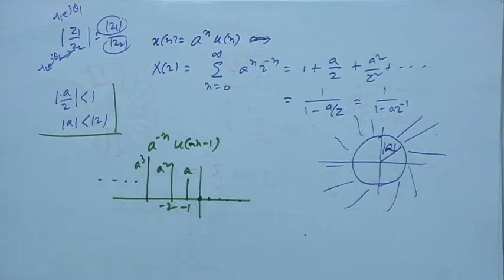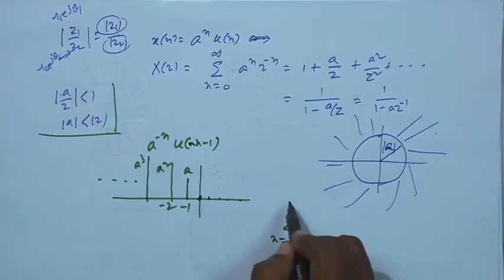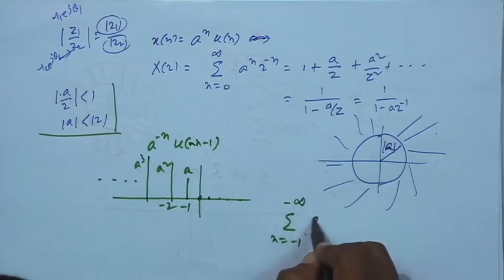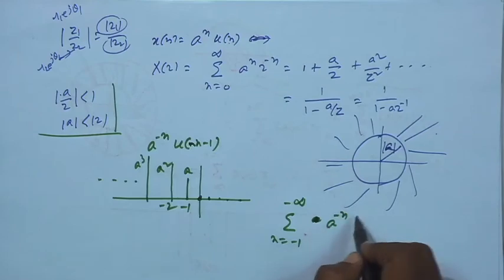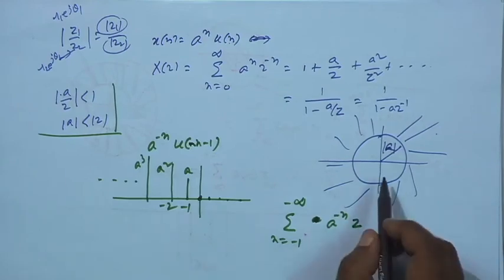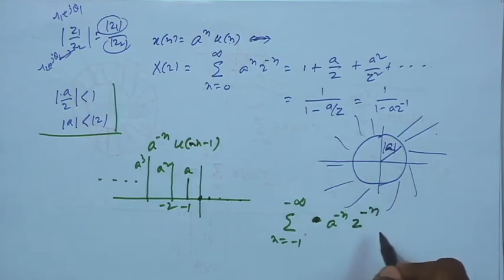If I take the Z transform of this sequence, the summation will be from minus infinity to minus 1 of a to the power minus n, that is n minus 1 means a to the power plus 1, n minus 2 means a to the power plus 2, times Z to the power minus n.